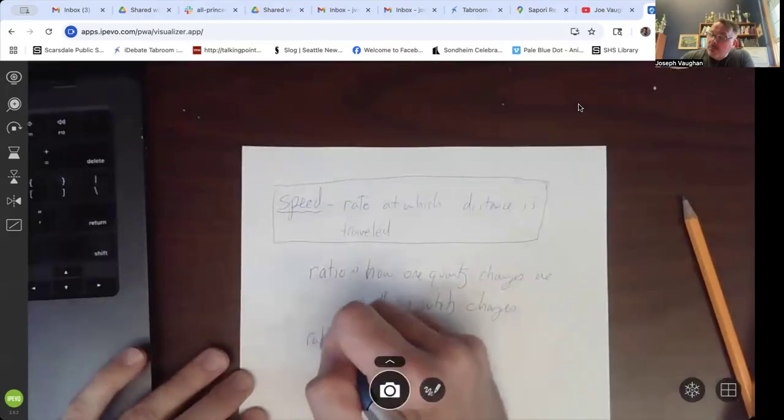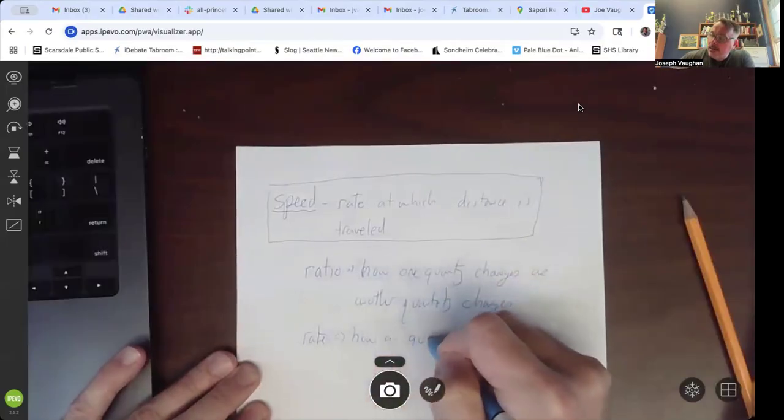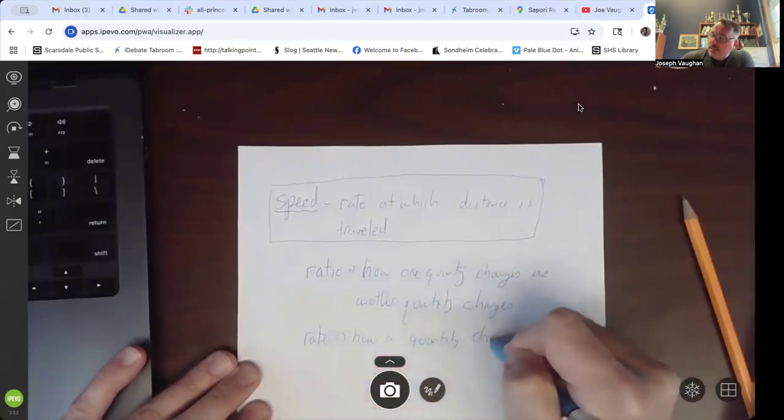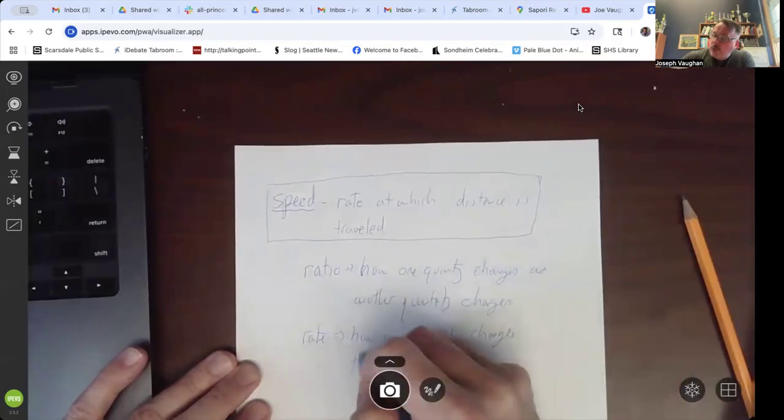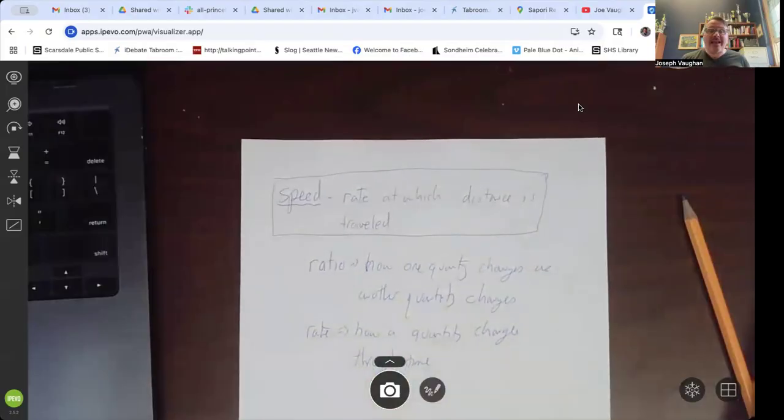But a rate specifically is how a quantity changes through time. Okay, so it's a special type of ratio. And I think a lot of people use the word rate and speed interchangeably, and that's simply not true. There are a lot of different rates. Here, speed is the rate at which distance is traveled.